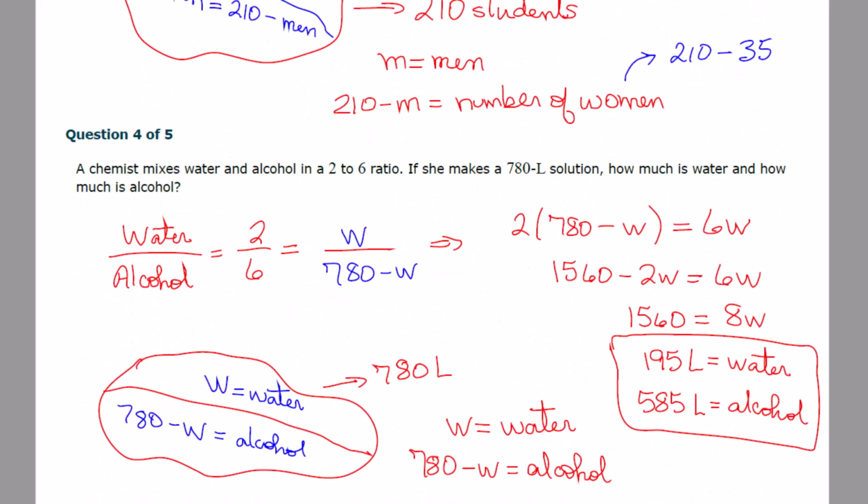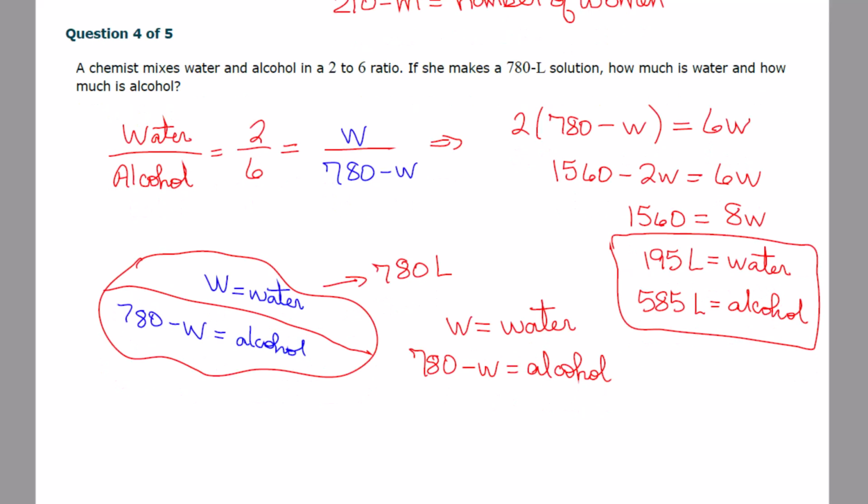Let's see, question 4, similar kind of question. We have a chemist is going to mix water and alcohol together, and the ratio for water to alcohol is 2 to 6. But the container has 780 liters in it.